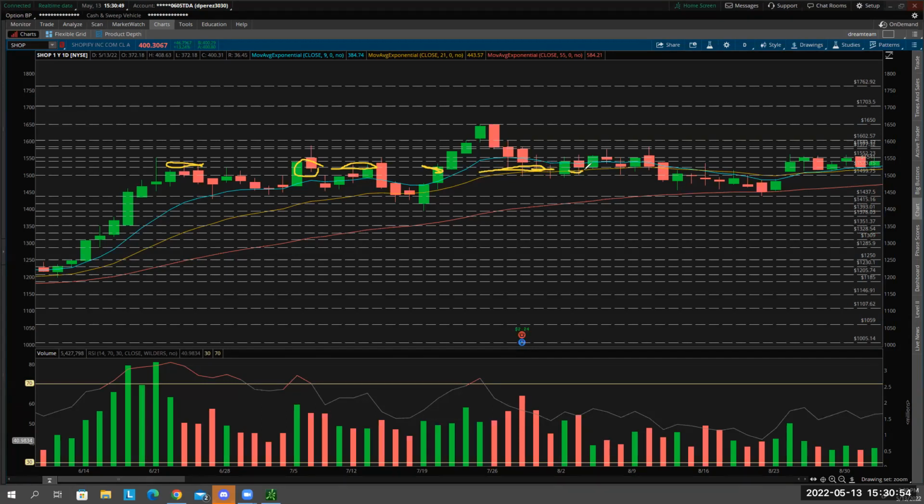Projection, support, support, support, support, support. Projection, support, support, support. But this area is very nice.